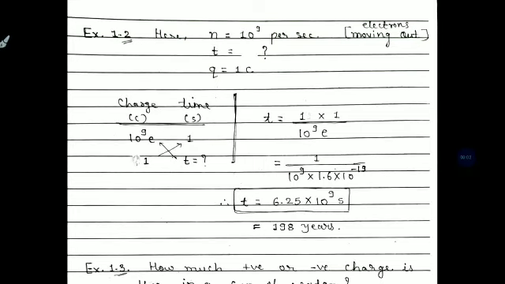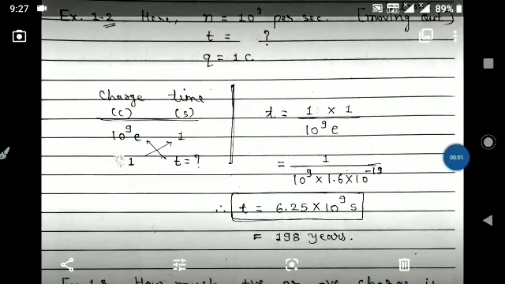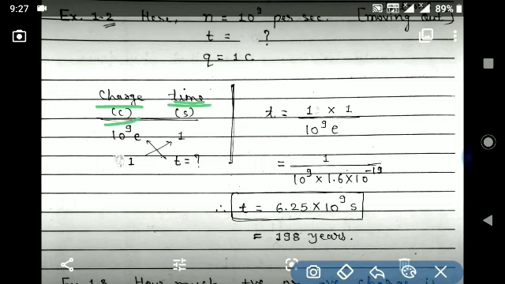Okay, so first of all, let us see which conditions are given. Now here, given that in 1 second 10 raised to 9 electrons are moving from one body to other body, we are supposed to find the time required to get 1 coulomb charge on the other body. Now here charge is given in coulomb, time is in second.